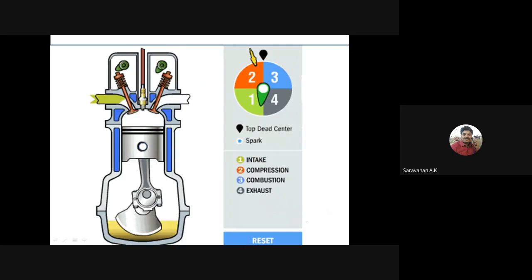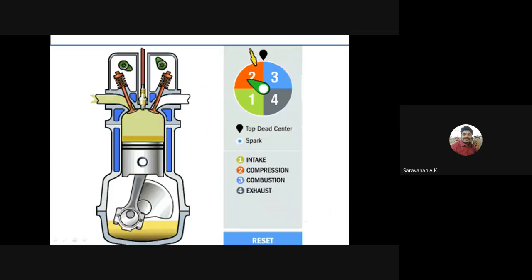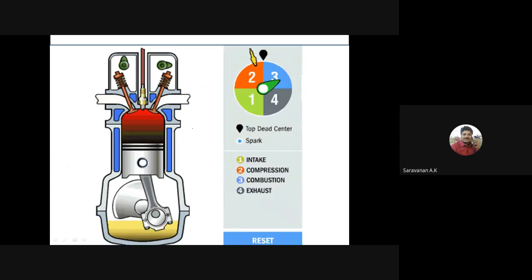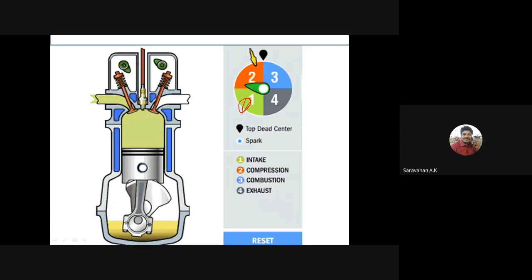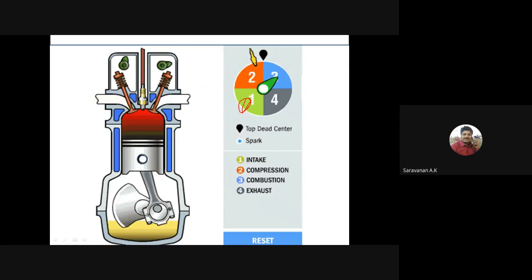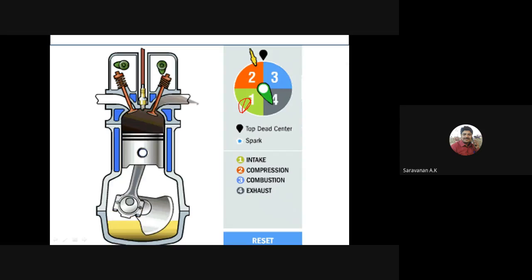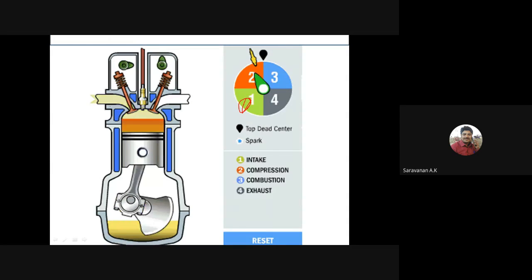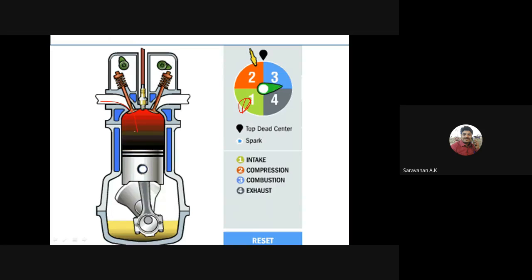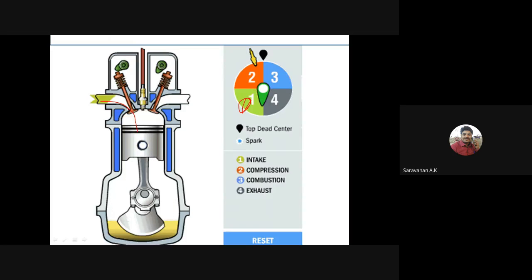Right. See, here is the animation. The first one is the inlet stroke. During the inlet stroke, the inlet valve is open, the air is sucked into the cylinder, and these two valves are closed.